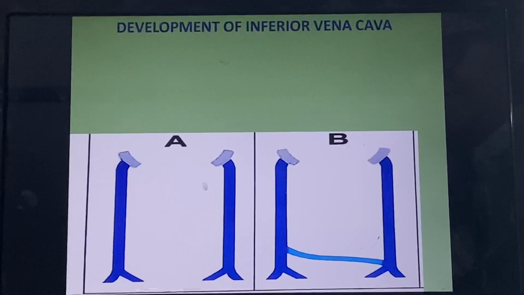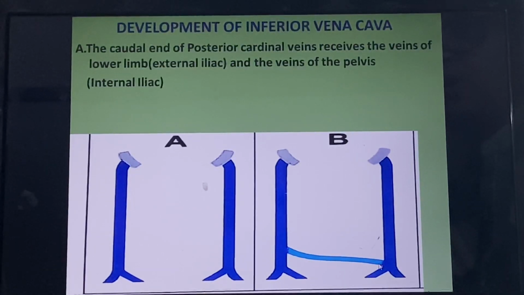Coming to the next vein, that is inferior vena cava. Now we have discussed the anterior cardinal vein for superior vena cava, but for inferior vena cava we are concerned with the posterior cardinal veins. These are two posterior cardinal veins, connected by an anastomosis, you can see in diagram B. The caudal end of the posterior cardinal veins receives the veins of the lower limb, that is external iliac, and veins of the pelvis, that is internal iliac.